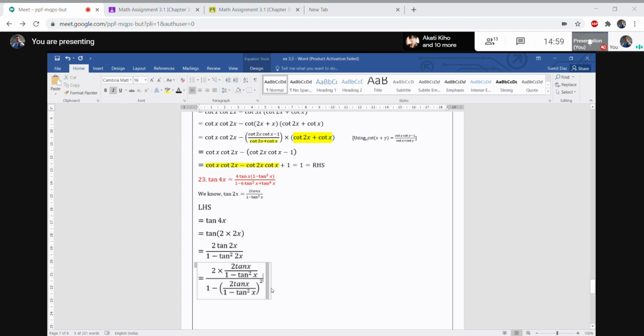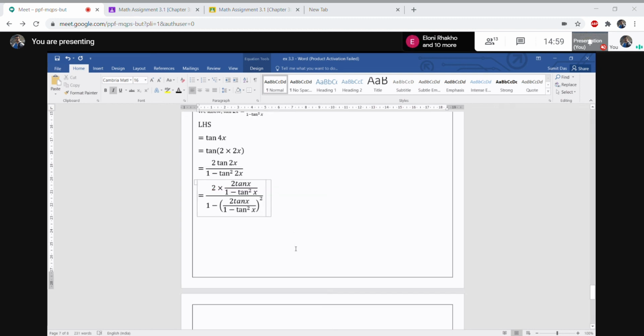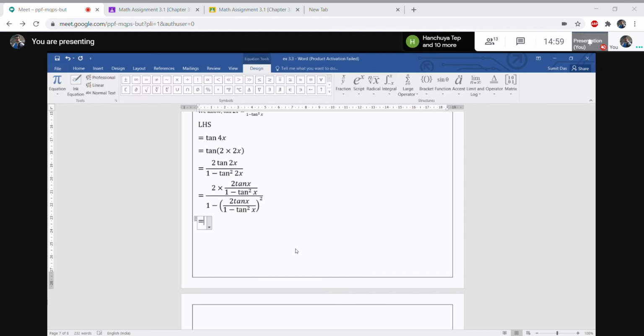In the simplification, the numerator will be, just wait 1 minute.